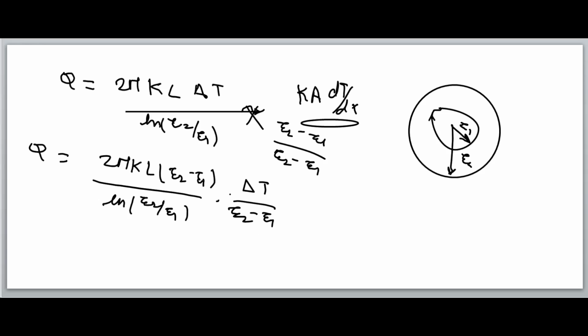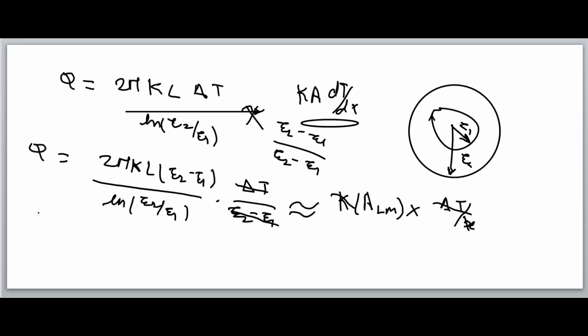So we are comparing this equation with K into, suppose, A LM into delta T upon X. So this will be X, this will be delta T, and this K will go.